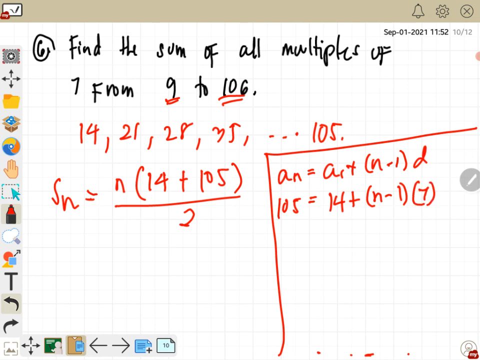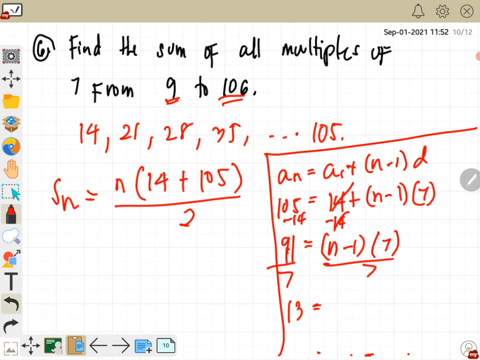Okay, so subtract 14 from both sides, so we have 91. That's 91. So minus 14, 91. Then we are left with n minus 1 times 7. And then you simply divide by 7. So we have 91 divided by 7, that is 13.